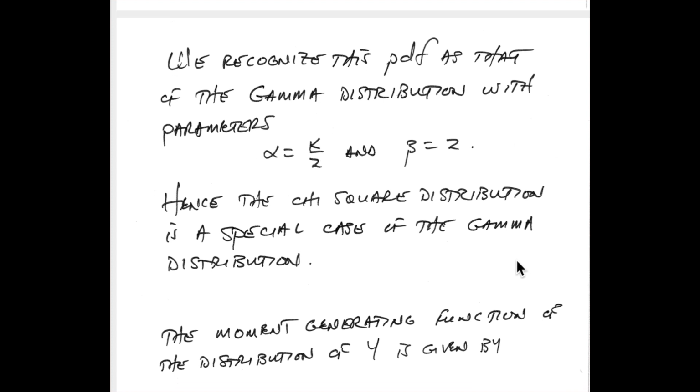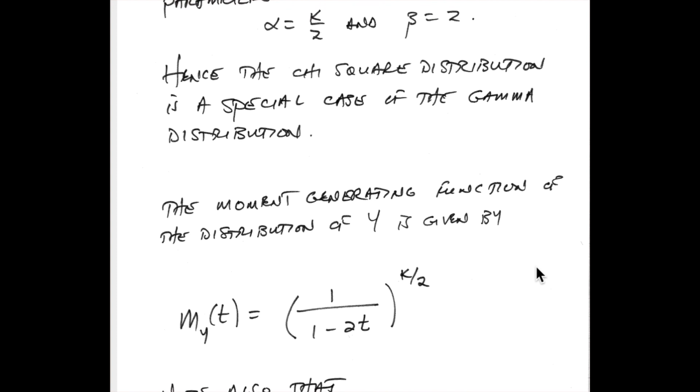Because of that, we can immediately write down the moment generating function for the chi-square distribution with k degrees of freedom. It's equal to 1 over 1 minus 2 times t, all raised to the k over 2 power.